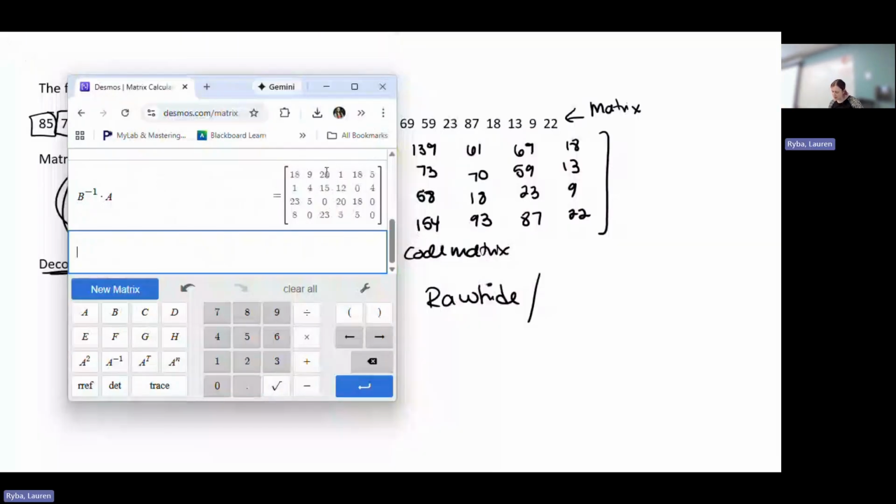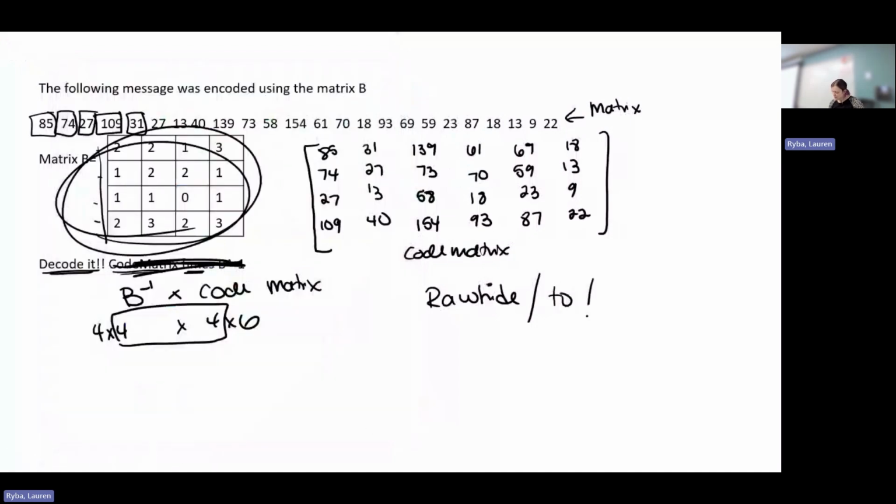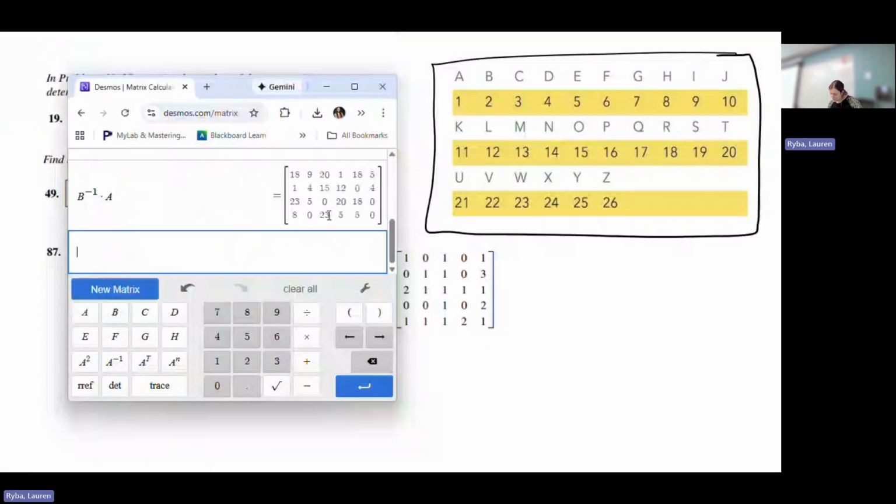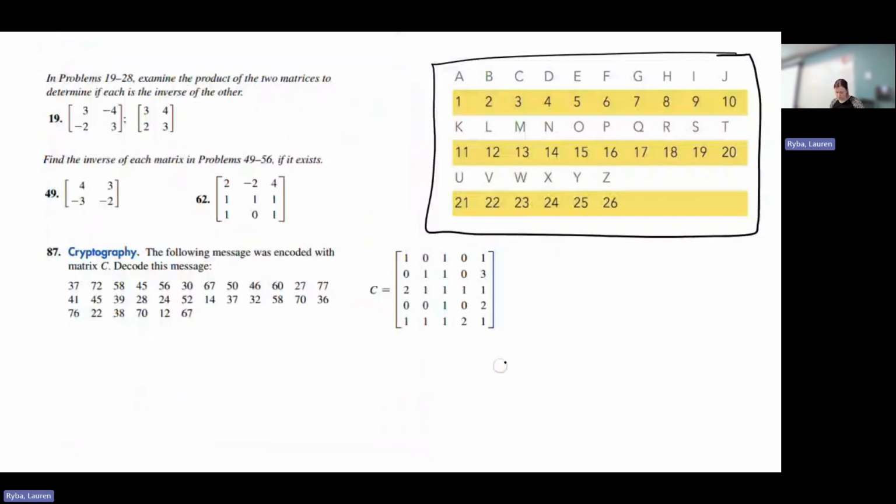20 and 15, that's T and O. So 2 and then a space. That guy back up for you. So 23, W, 1 is A, 12 is L, 20 is T, W-A-L-T, E, R, Walter.